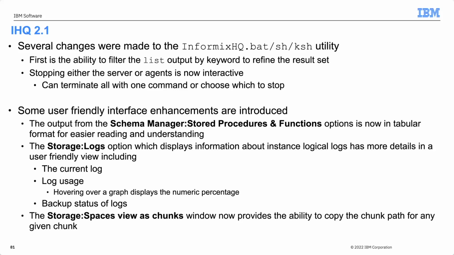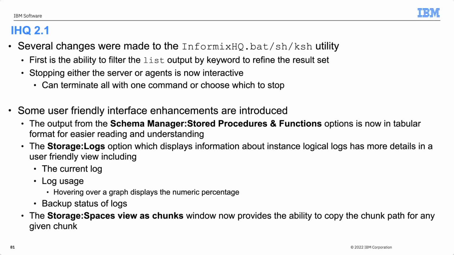There's also some changes in the graphical interface. So stored procedures and functions are now output in tabular form rather than in linear form. So it looks a lot like a DB schema output.